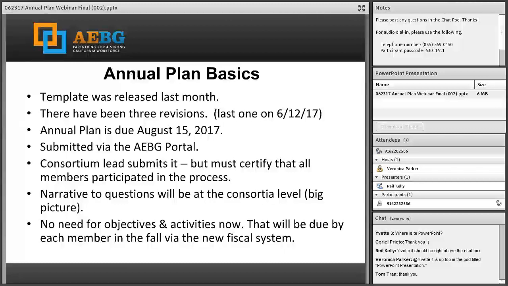It's still in the development phase. We'll talk a little bit about that. The new fiscal system will have more member-based activities, work plan, budget, and expenses, whereas now those are at the consortia level.